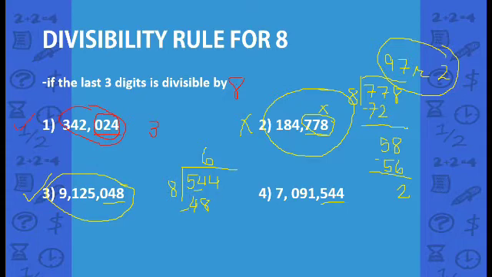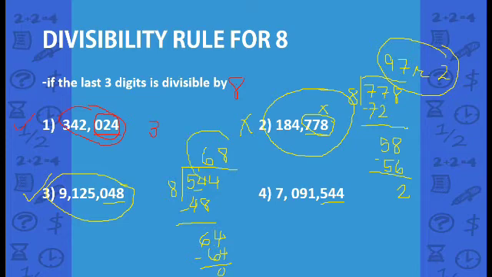Now, let's subtract. 54 minus 48. 14 minus 8 is 6. Now, let's bring down 4. 64 divided by 8 is 8. 8 times 8 is 64. 64 minus 64 is 0.